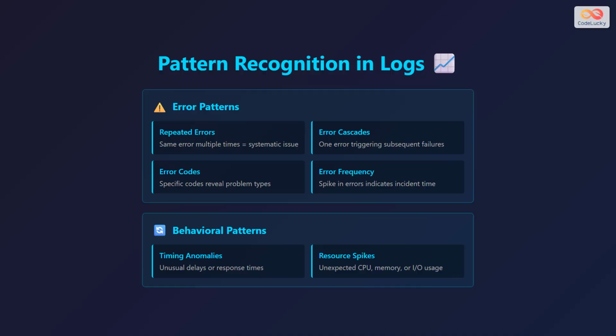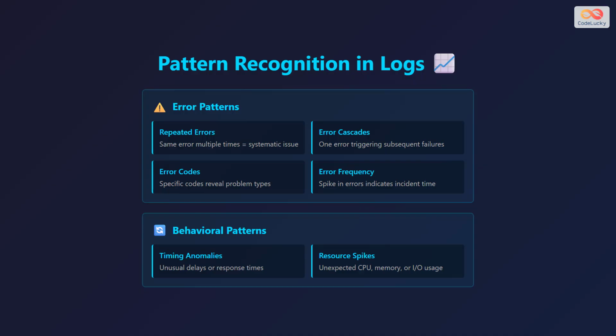Experienced investigators look for patterns. Repeated errors appearing multiple times often indicate a systematic issue rather than a one-time glitch. Error cascades occur when one error triggers subsequent failures in dependent systems. Specific error codes provide clues about the type of problem. When error frequency suddenly spikes, that spike usually marks the beginning of an incident.